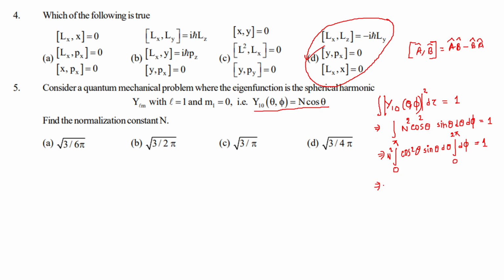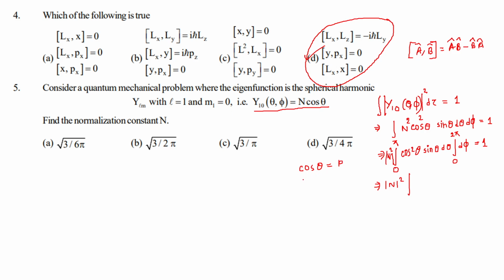Now I should say this is N modulus square because it is N star dot N. I don't know yet whether N is going to be imaginary or not. That's why I'm taking a modulus of that. Now I have the integration from 0 to pi of cos square theta sin theta d theta. So what I will do, I will choose cos theta as p.